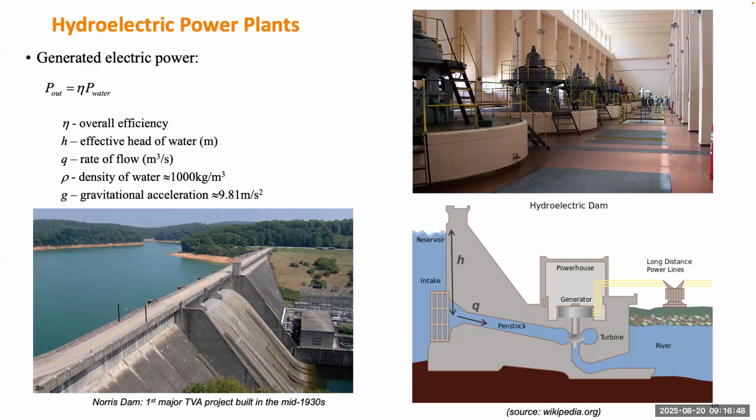So if we know the dimensions of this dam, we can roughly estimate the size of this generator or power plant. You just use the efficiency multiplied by the kinetic energy divided by time. Kinetic energy is equal to potential energy. So using the dimensions we introduced, we can get the formula to calculate the power generated by the hydroelectric power plant.